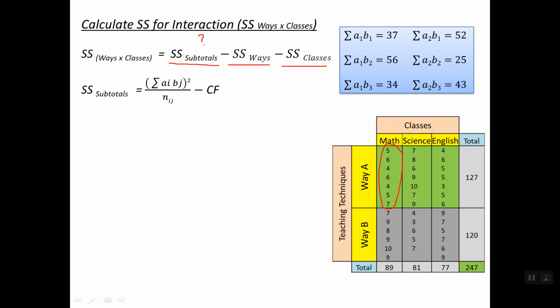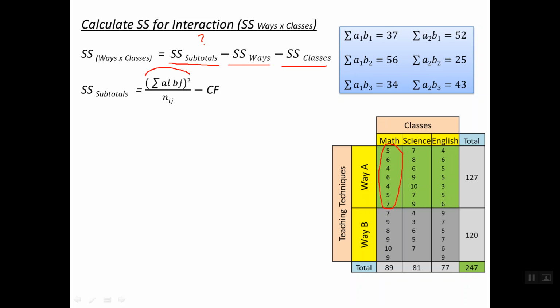This is the formula for the calculation of the SS for the subtotals. It's equal to the summation of A sub i B sub j. A sub i and B sub j represent all the 6 groups. We square this value and divide it by the number of observations, and subtract the correction factor.